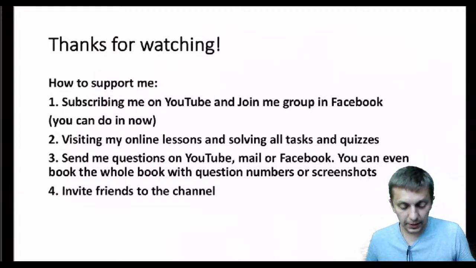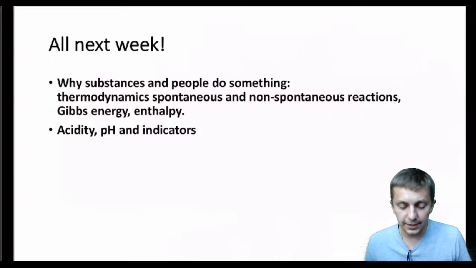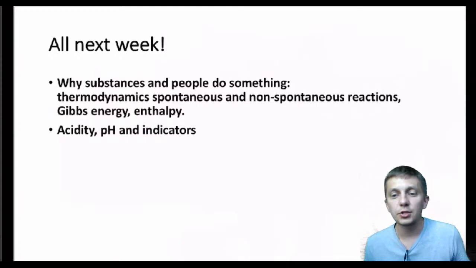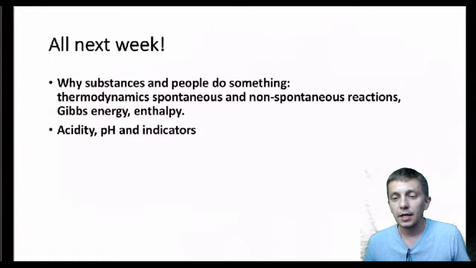And next week, all next week, I will discuss why people do something and why reactions do something. In both cases, we're dealing with the same laws and the same principle. A reaction happens, and reasonable people make a decision by the same calculated reason.